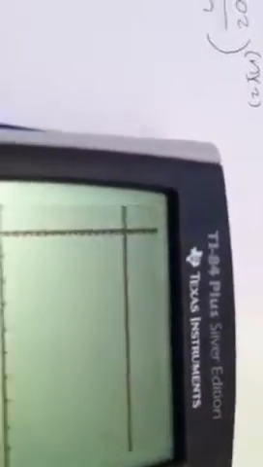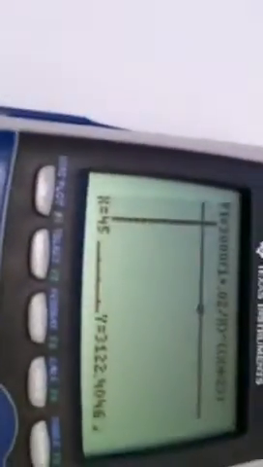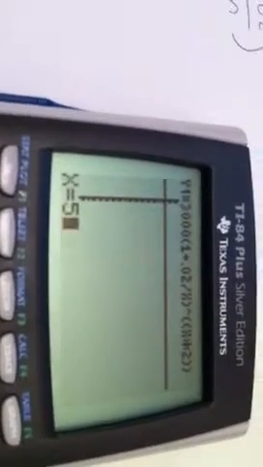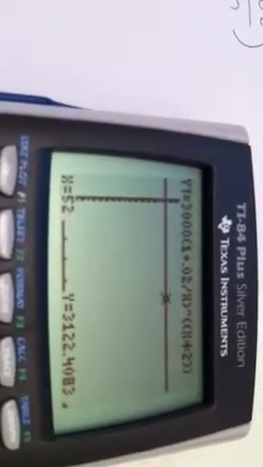Wonder why that's not working. Oh, trace 52. So go ahead and trace 52. That would be over here: $3,122.41.